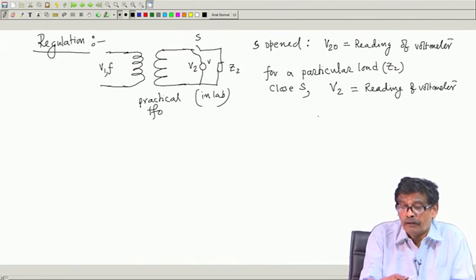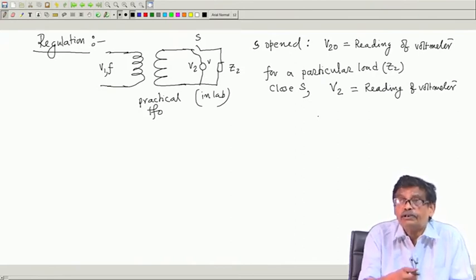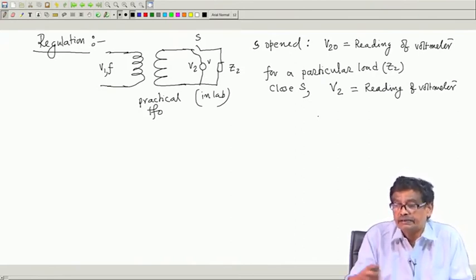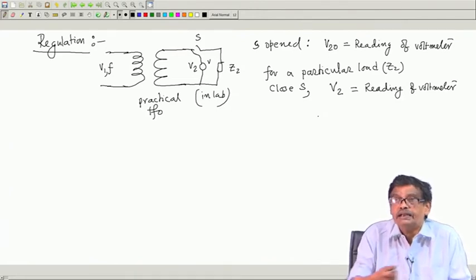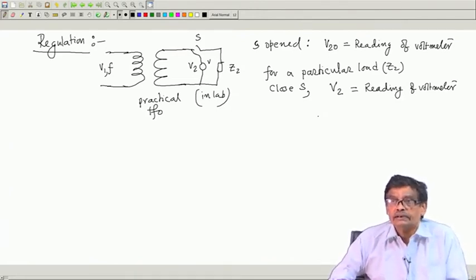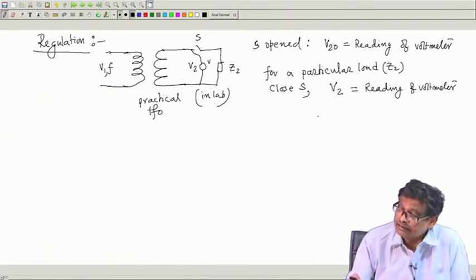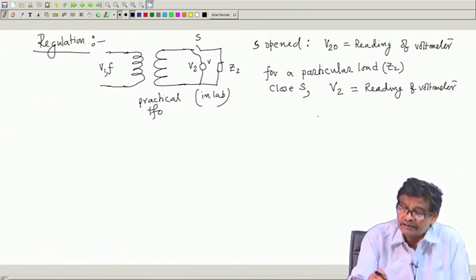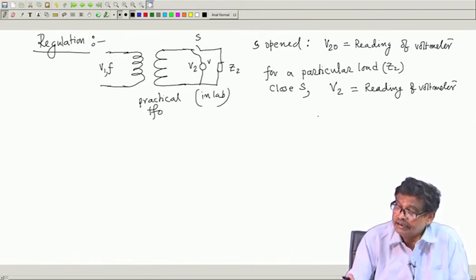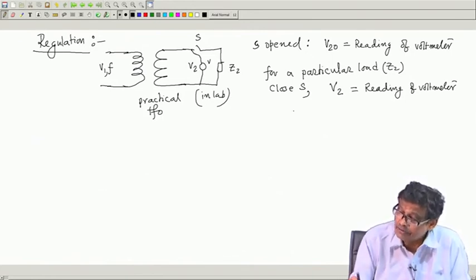Therefore, there will be voltage drop in the series impedances in the model of the equivalent circuit of the transformer. That is, in RE1 and XE1 there will be a voltage drop, and hence it is expected there will be a difference in the magnitude of this voltage. So, what you do?